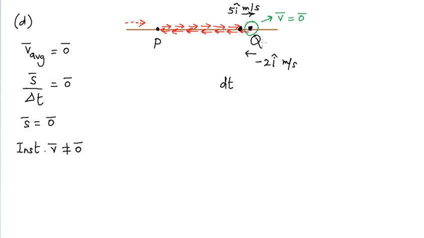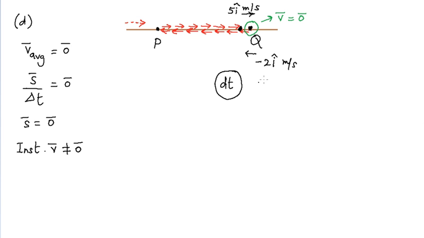meters per second. Now this would be an example where the particle's velocity never becomes 0, because even at point Q, where it was 0 in the previous example, the particle's velocity just before Q is 5 i cap meters per second, and in a time interval dt, which is arbitrarily small, you could reduce dt indefinitely.